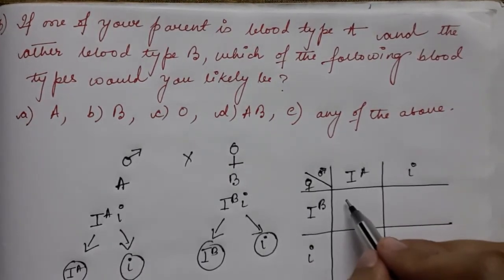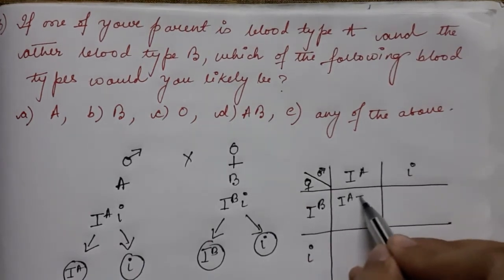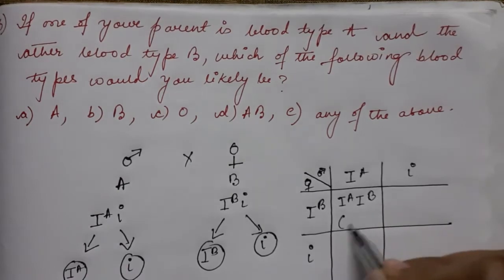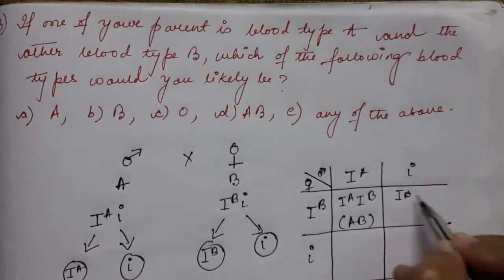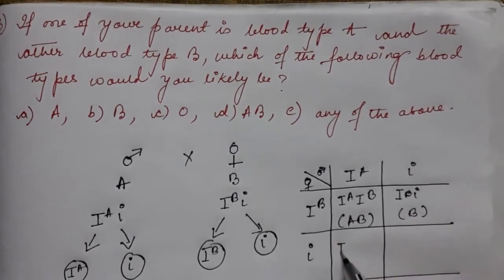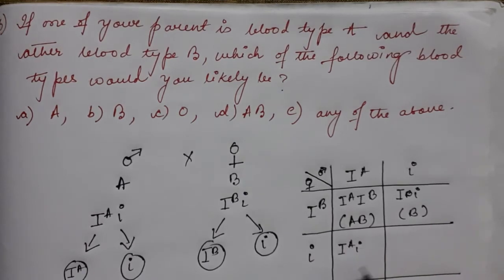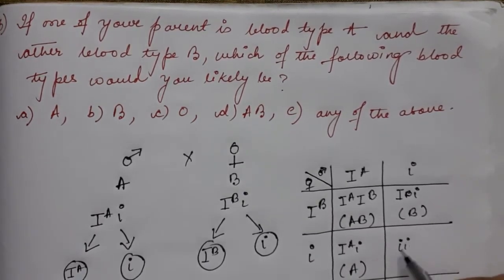So the offspring will have genotype IA IB, which is AB blood group, IB i, which is B blood group, IA i, which is A blood group, and small i small i, which is O blood group.